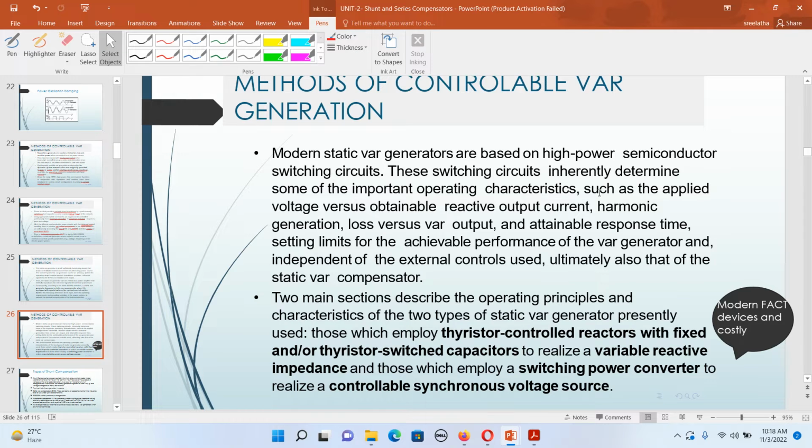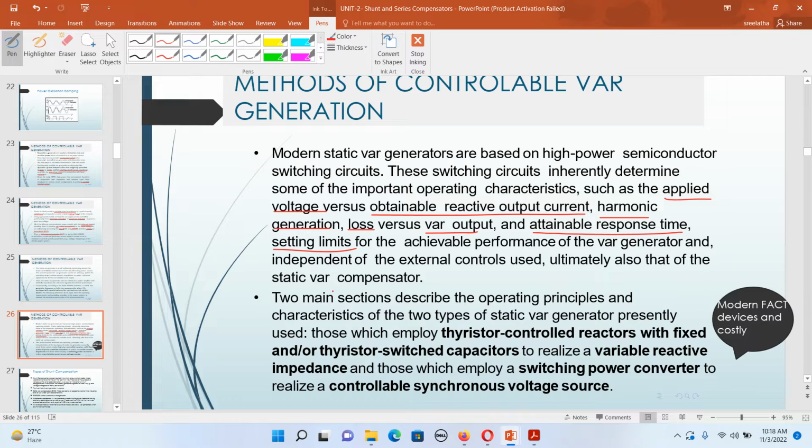So what are the different operating characteristics they look for? Usually, they look for applied voltage versus obtainable reactive power current, the VI characteristics, harmonic generation, and losses versus VI output. These are different operating characteristics a static generator provides us, so we have to make use of them. Also the available response time, setting limits for the achievable performance, independent of external control.